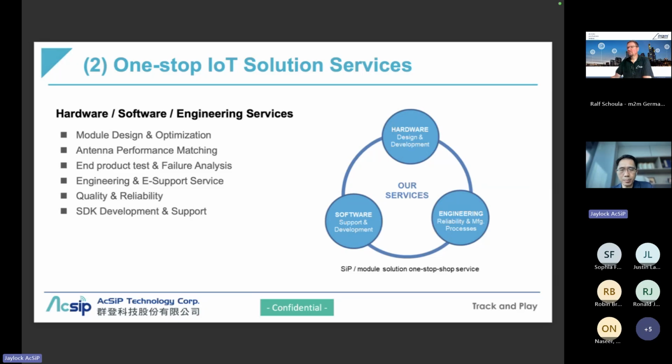Then we test your final product, provide ongoing engineering support, and also ensure the highest level of quality and reliability. Plus, just testing, production and design is not enough. We also have a very strong FAE team who is actively involved in software development, so we can provide you an SDK to cut your time to market.